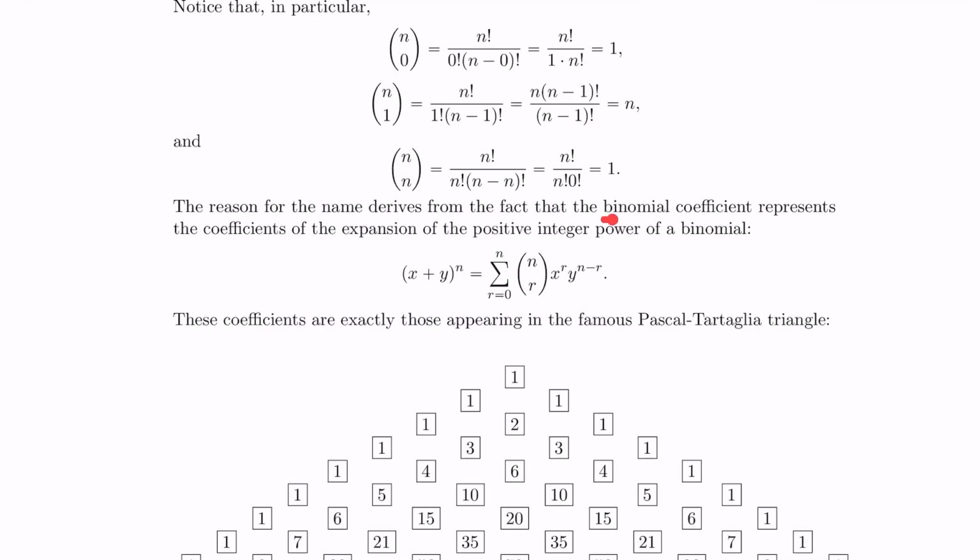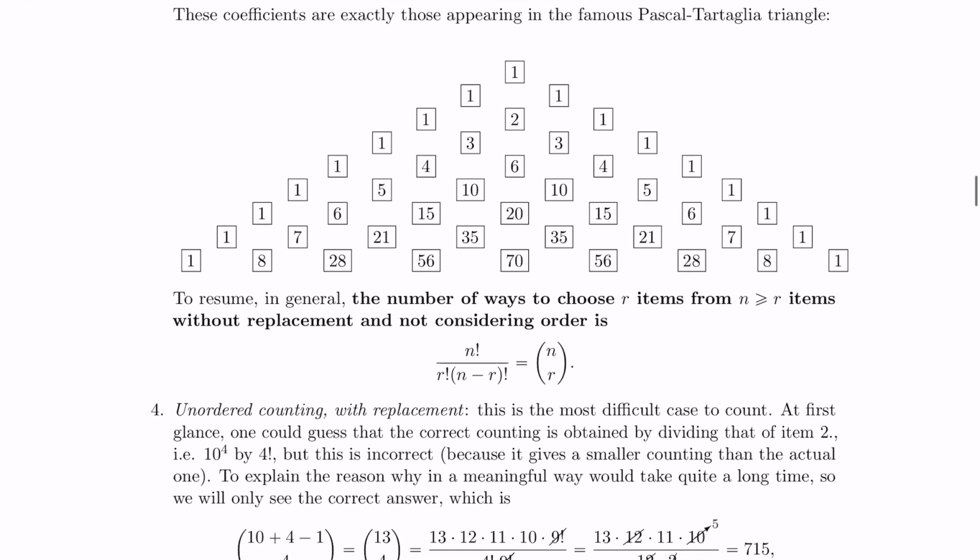The reason for the name binomial coefficient lies in the fact that it appears in the expansion of the positive integer power of a binomial, this expression here. A pictorial representation of the binomial coefficients is provided by the famous Pascal-Tartaglia triangle. To build it, you start with 1 on the top, and then you add rows like this, which contain numbers constructed in the following way.